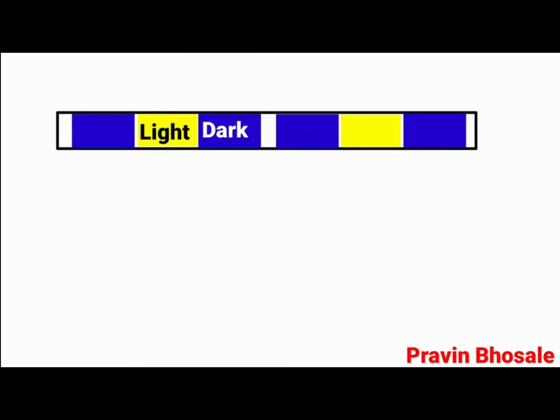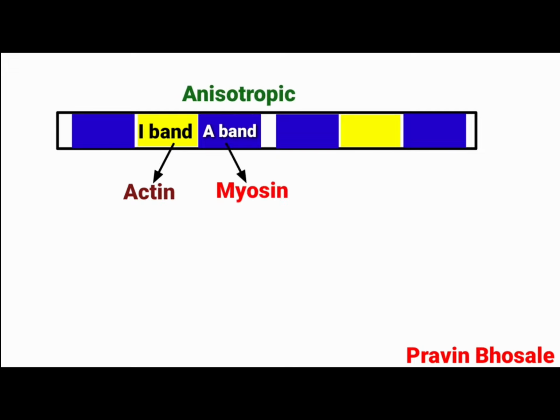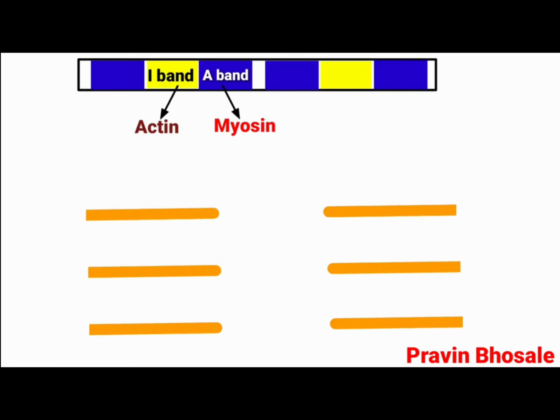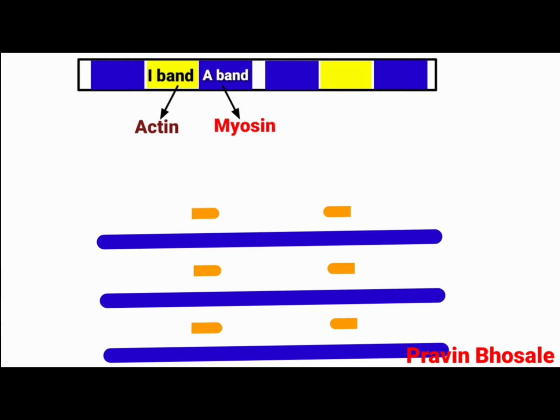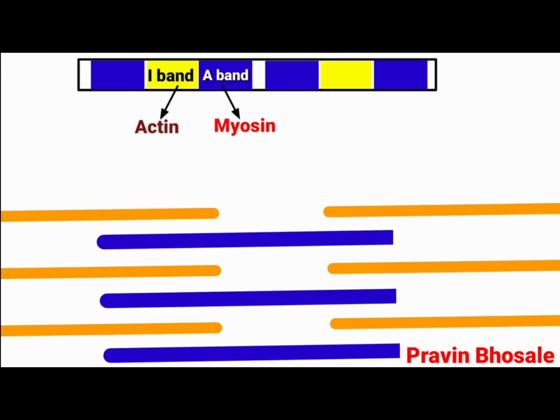Light bands contain actin and are called I band or isotropic band, whereas dark bands, called A or anisotropic band, contain myosin. Both the proteins actin and myosin are arranged as rod-like structures parallel to each other and also to the longitudinal axis of the myofibrils.